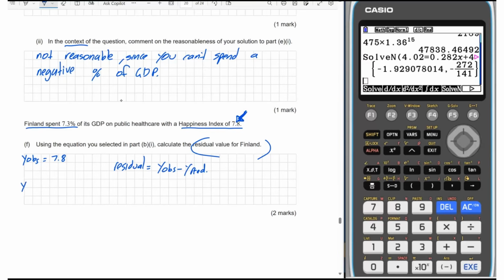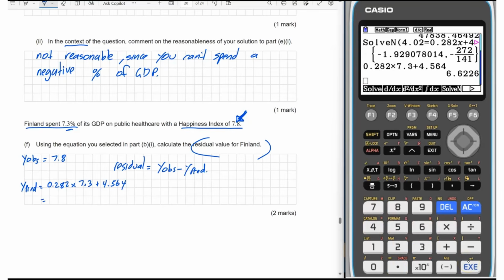And your y predicted is going to be what happens when Finland has 7.3 of its GDP. So it's going to be 0.282 times the 7.3 plus the 4.564. So 0.282 times 7.3 plus 4.564.